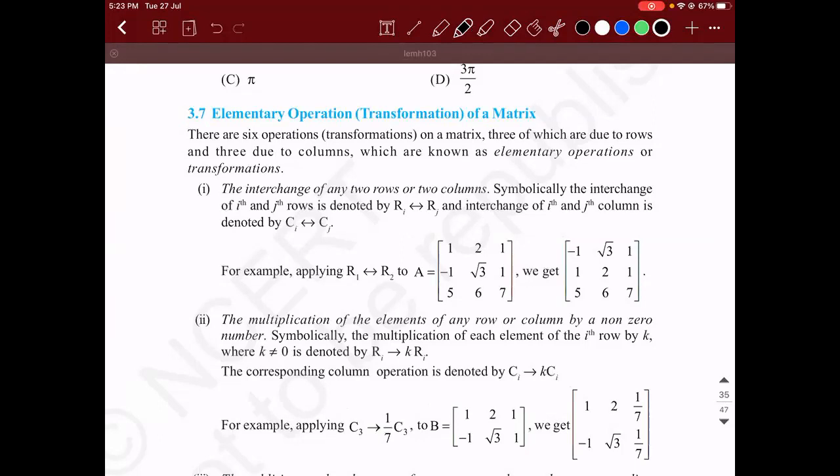Sir, this year it is only the invertible matrices. The portion PDF is there, sir. One minute, let me check. No, I don't have that mobile. Mathematics.